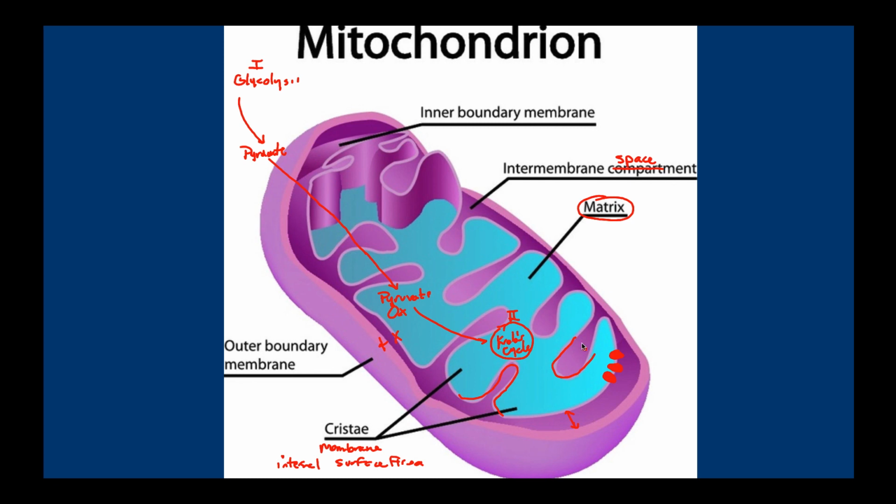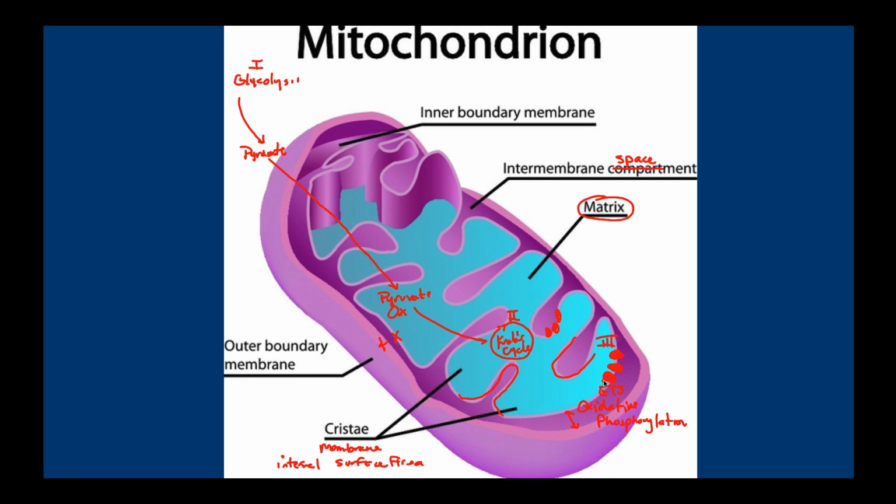And by having a lot of internal surface area, that allows for a lot of these electron transport systems to be built into the membrane. Okay, so this is the third phase. We also call this oxidative phosphorylation, as the site where that's occurring in the cell.